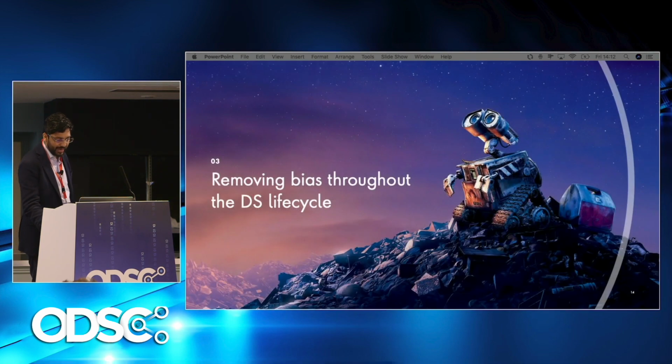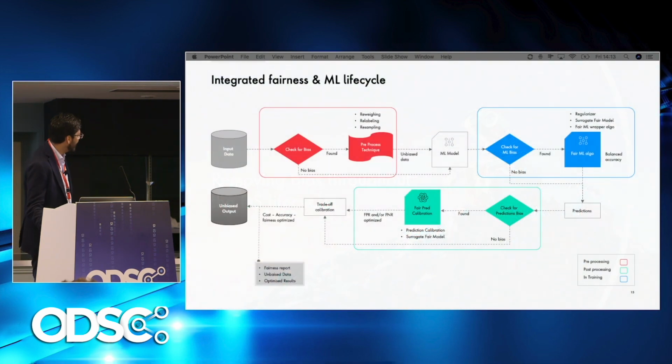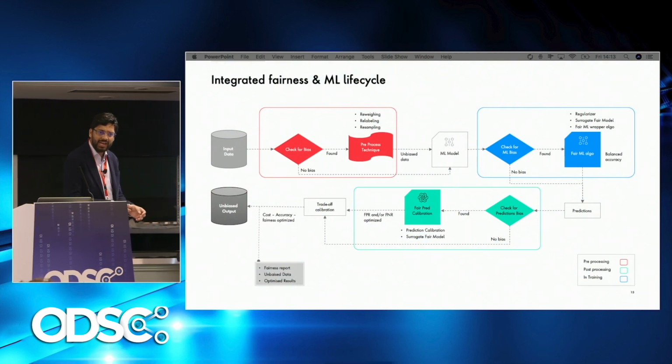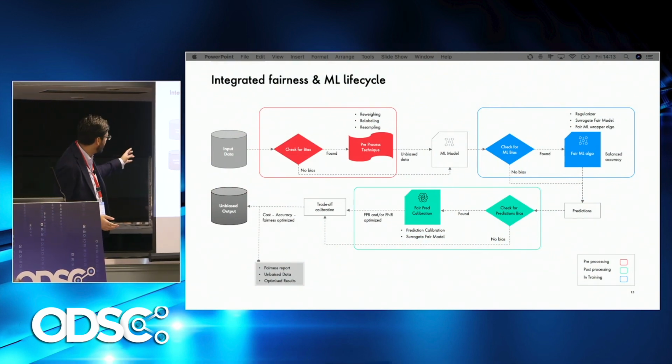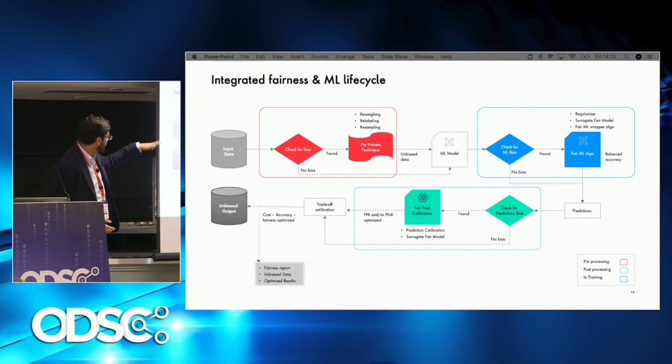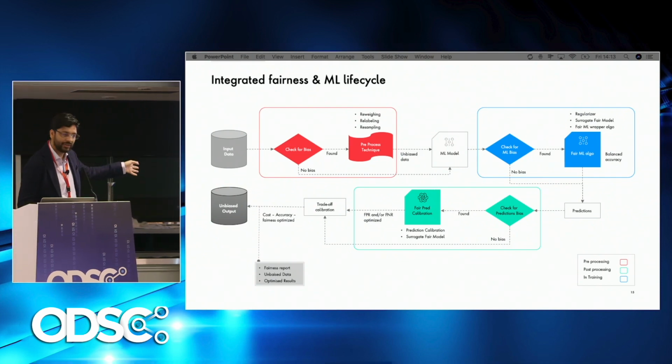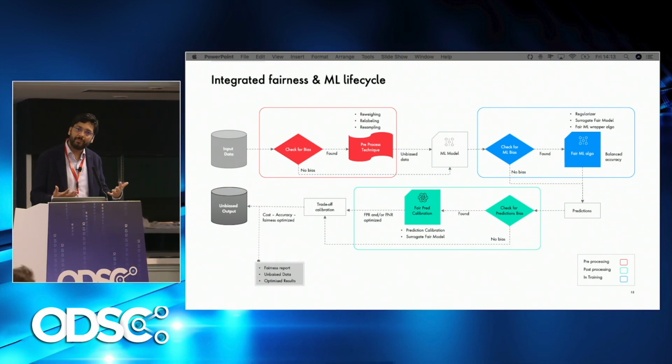So, removing bias throughout the data science lifecycle. This is a typical high-level data science lifecycle where you have input data, where you do some kind of pre-processing. On data, I check for bias, I treat the bias, then I go to my modeling stage, I check for bias, I treat for bias, then I come to my prediction stage, which is an output stage. I check for bias, treat for bias, and then do a cost, accuracy, fairness trade-off optimization.